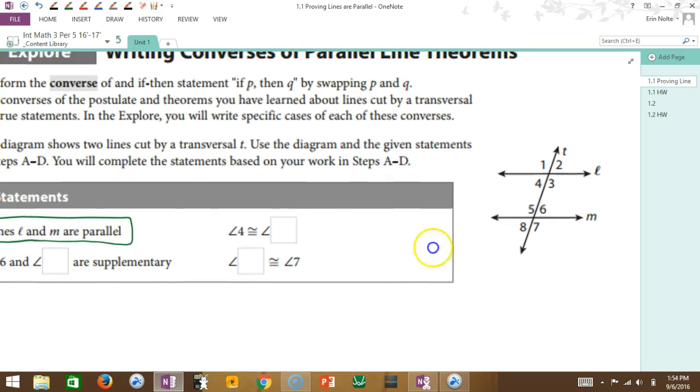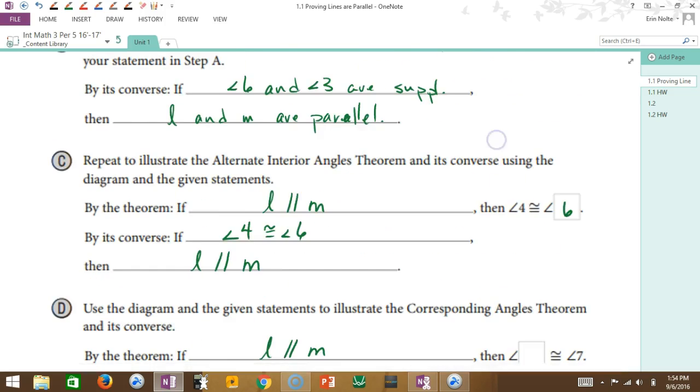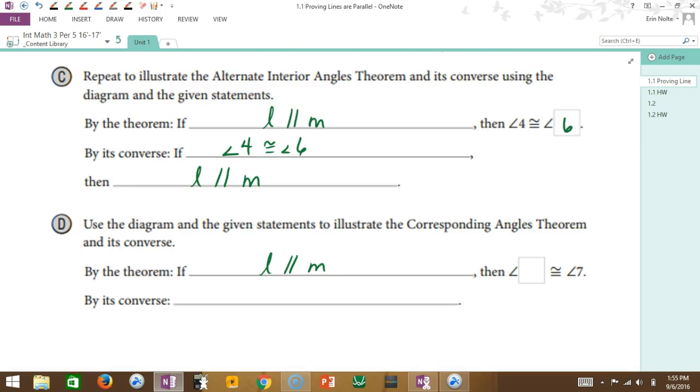So 7 was corresponding to 3, right? So the converse of that is if angle 3 is congruent to angle 7, then L is parallel to M.